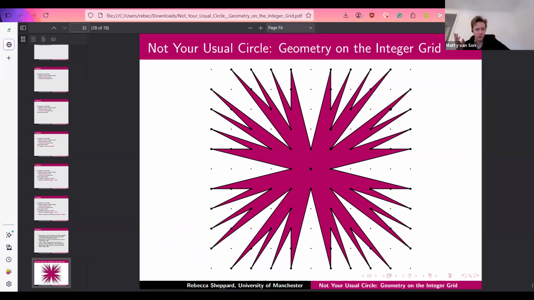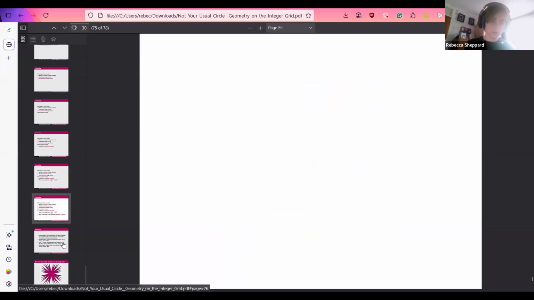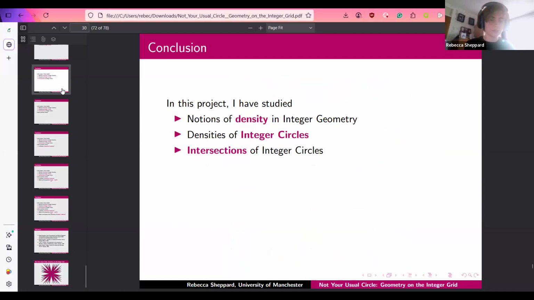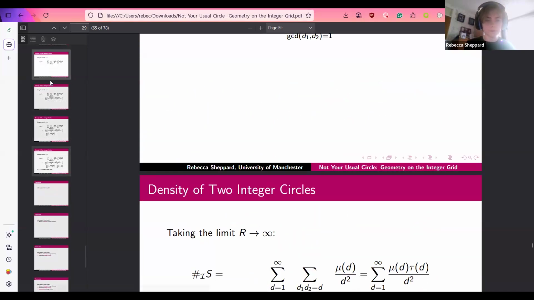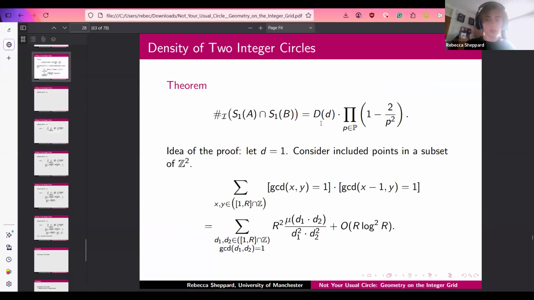I have a question maybe to start out. Are these terms just for unit integer circles or for any integer circles? This expression is only for unit integer circles.